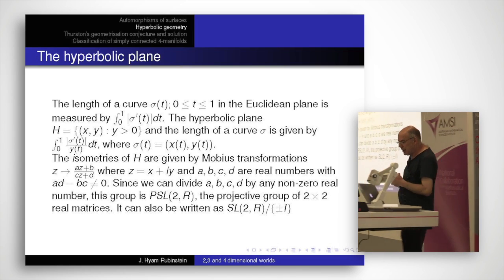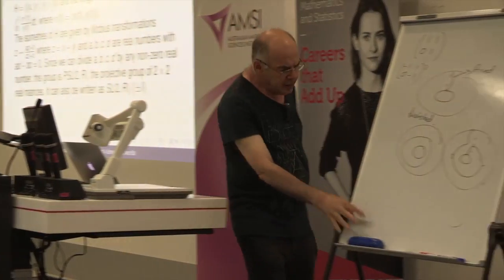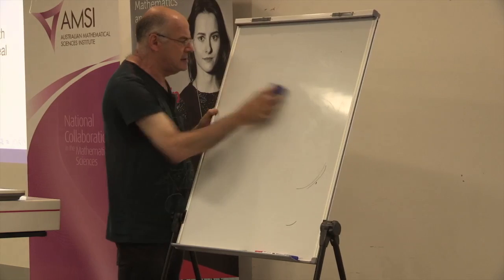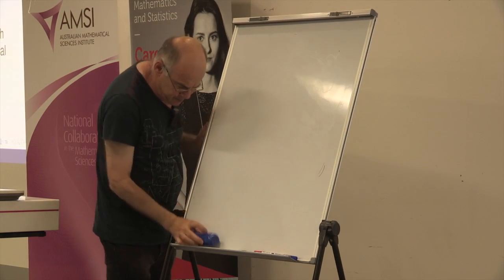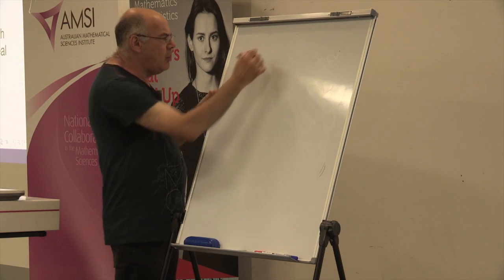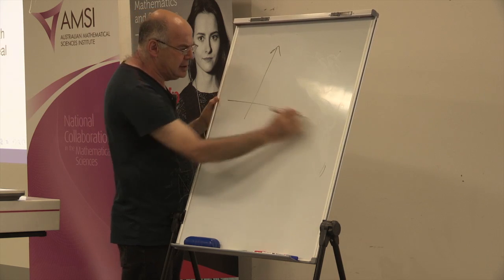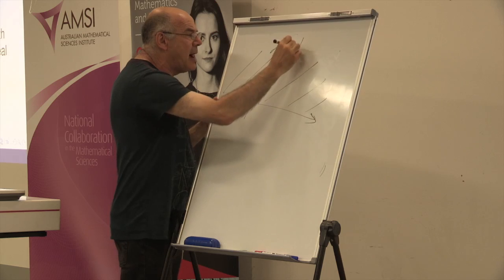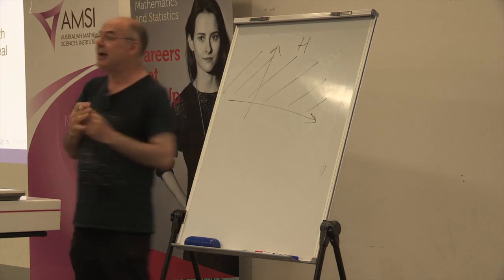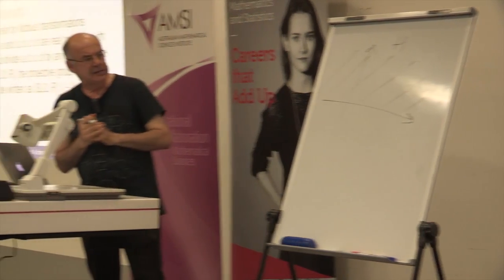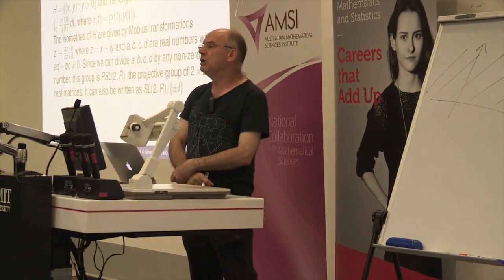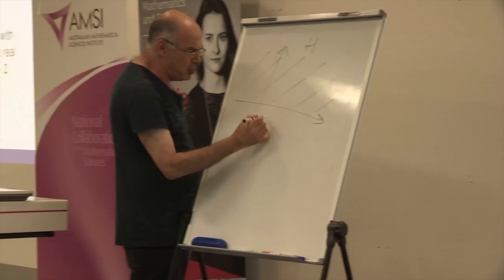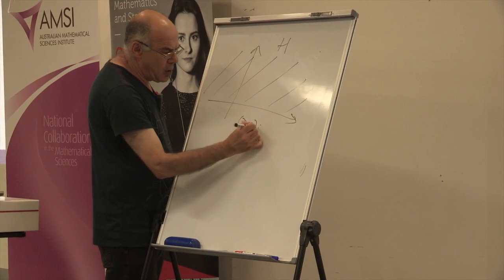Now, in the hyperbolic plane, things change a little bit, but not a huge amount, so it's a bit deceptive. What we do is we take the Euclidean plane again, but we only take the upper half plane. So we leave out all the points below the x-axis. This is the set of points (x, y), where y is positive.